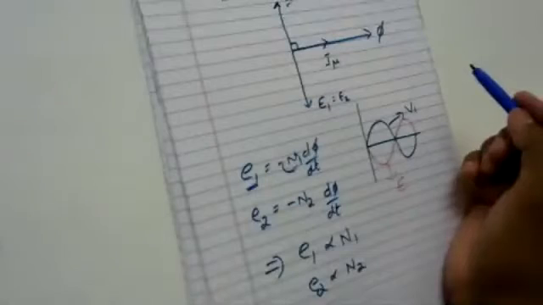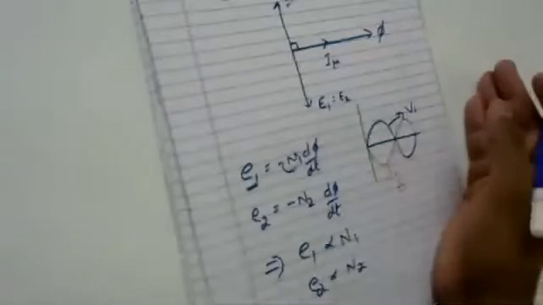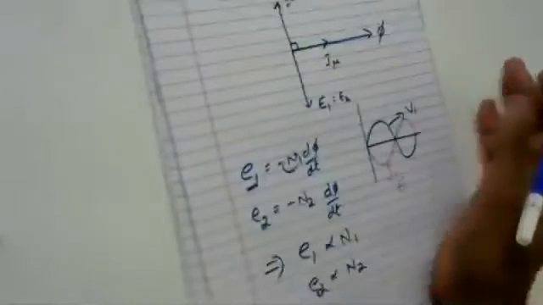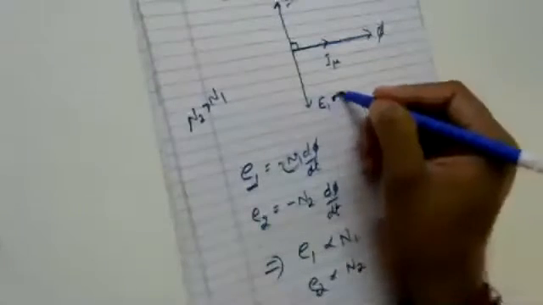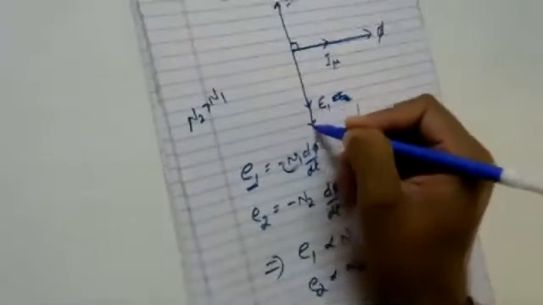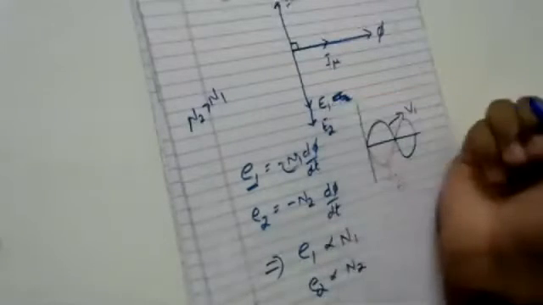Am I right? If it is a step-up transformer, where the number of turns on the secondary is greater, N2 is greater than N1, then I'll have E2 of a little higher magnitude than E1.